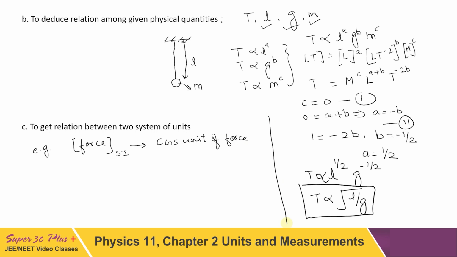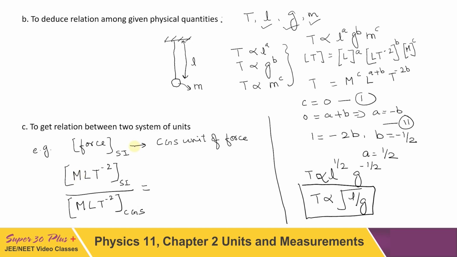Now we know what is dimensional formula for force, that is MLT minus 2. So write MLT minus 2 in SI and the same in CGS. We are comparing these two system of units, SI and CGS for the physical quantity, that is force.